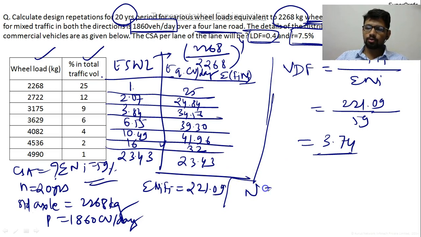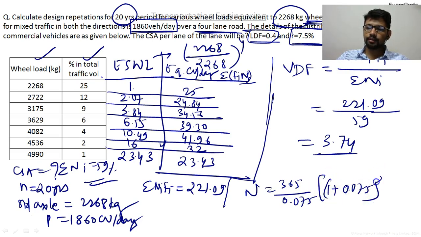So N equal to 365 upon r, which is 0.075, into (1 plus 0.075) to the power 20 minus 1, into 1097.